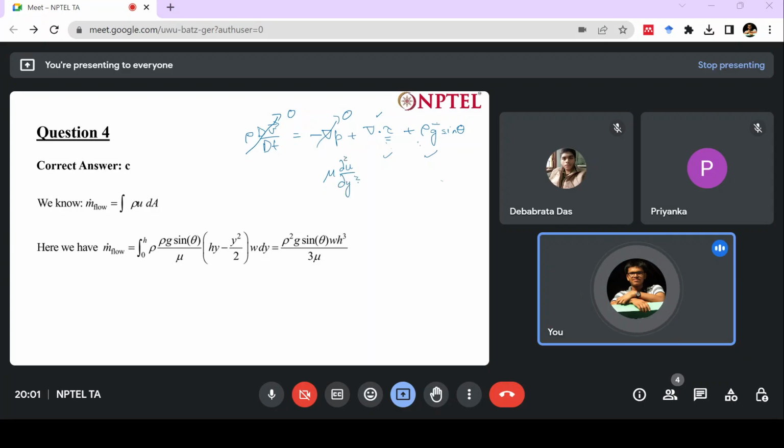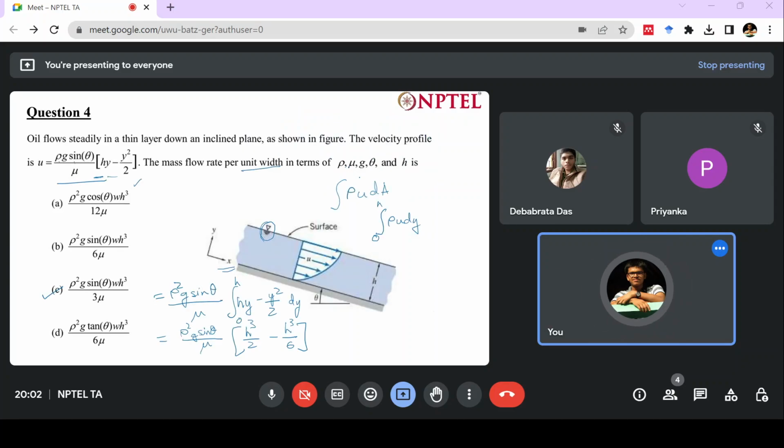You may find Professor Chakraborty's lectures on such flow on YouTube, where he discusses this flow. This actually would be minus because it's driving downwards. If you solve this using appropriate boundary conditions, you will get this kind of solution.